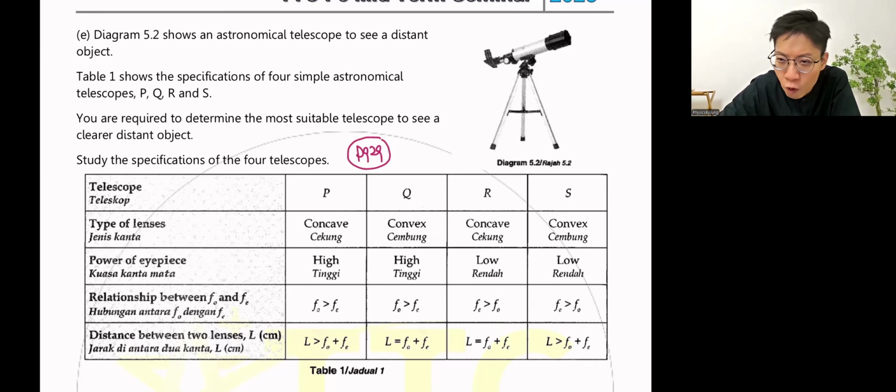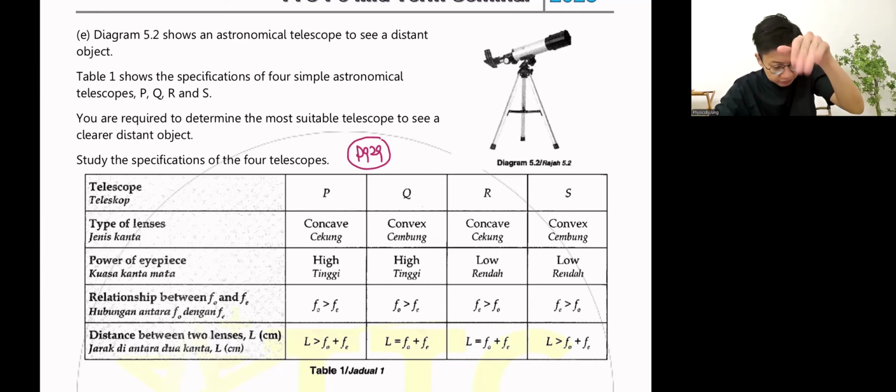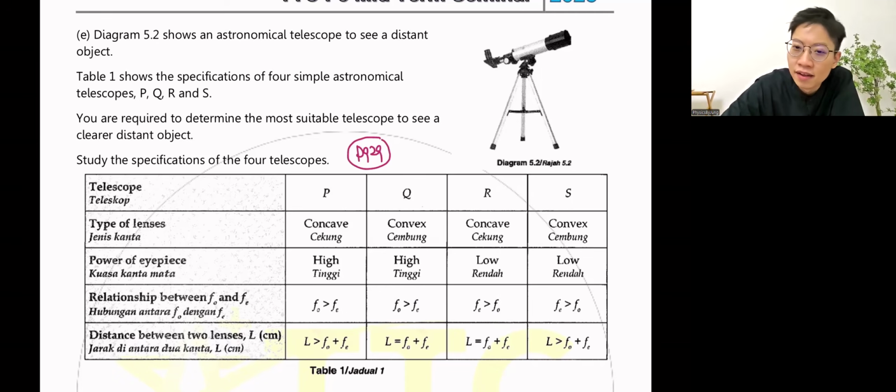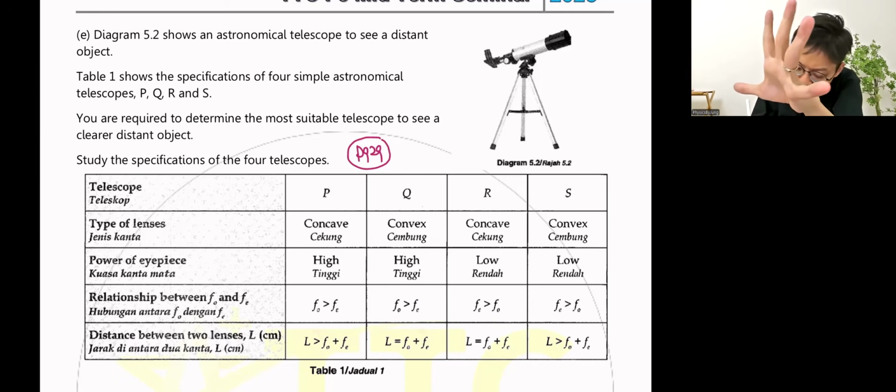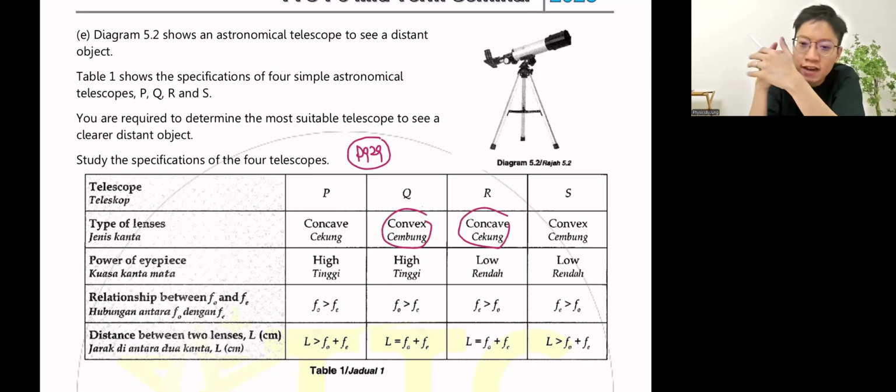Guys, five, four, three, two, one. Okay, guys, telescope needs to form magnified or diminished? Magnified, right? So magnified must be convex lens or concave lens?